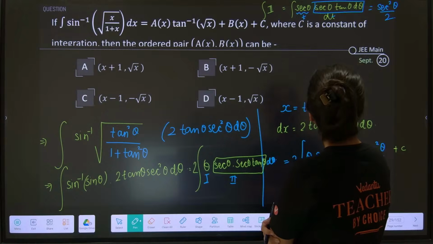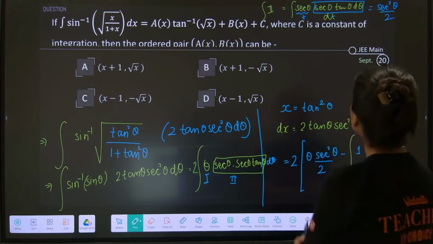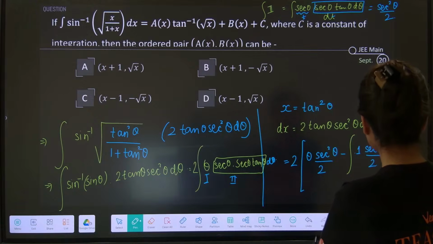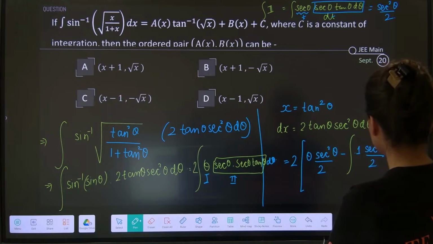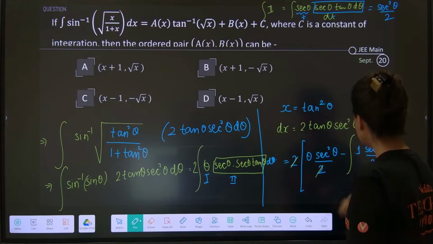If I put t as sec theta, what is the derivative of sec theta? Sec x derivative is sec x tan x, so this is t, and we get sec square. Now the 2 is getting cancelled out.